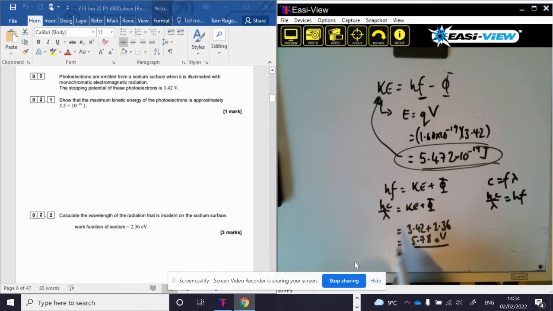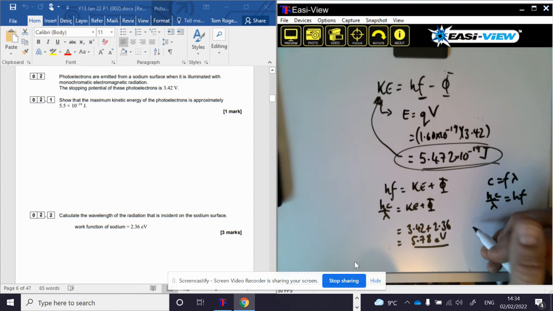So that is my hc over lambda, that's hf effectively, the energy of the photons, and what I'm asked for is what wavelength does that correspond to? Well, I can rearrange this and get hc over 5.78 eV is equal to lambda.